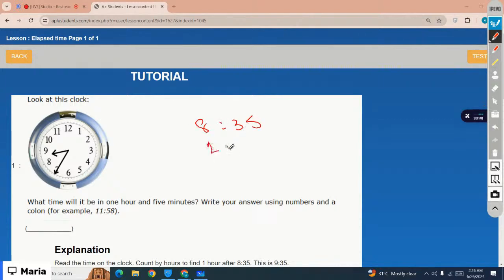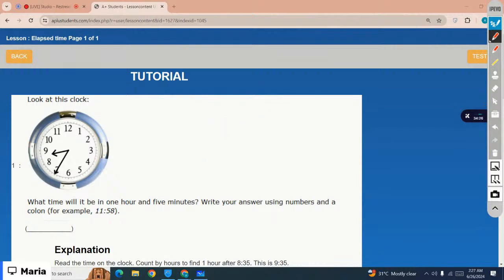So after 1 hour and 5 minutes it is 9:40. The correct option is 9:40, right?